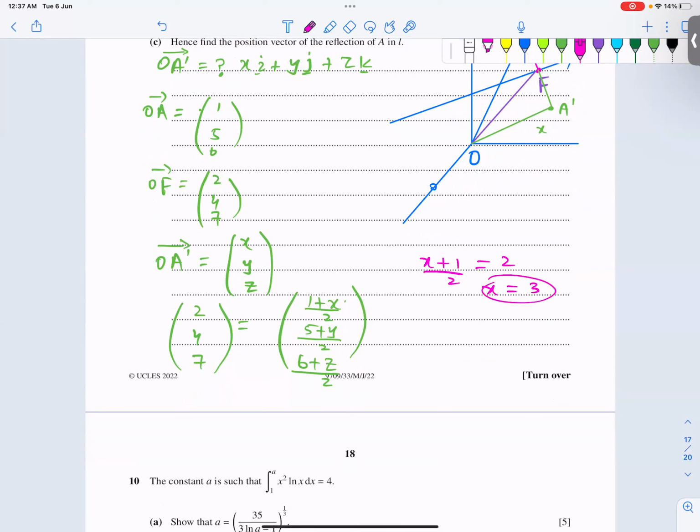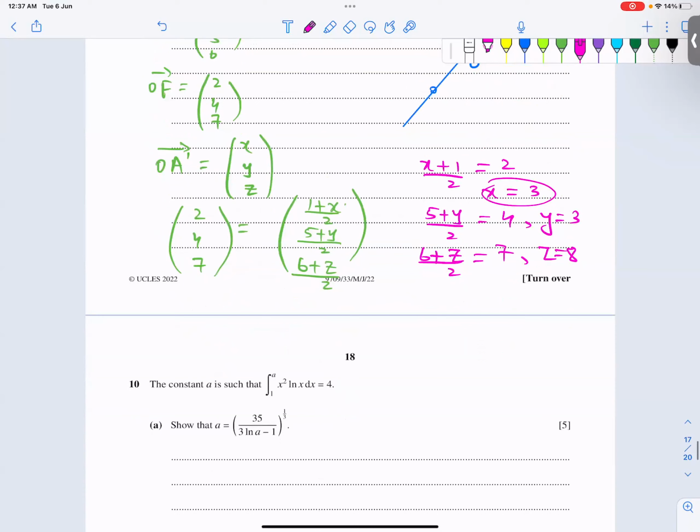Okay. Then equate the next value, 5 plus y over 2 is equal to 4. So this will give you y is equal to 3. Then equate the next value, 6 plus z over 2 is equal to 7. So this will give you z is equal to 8. So these are the values of x, y, and z.